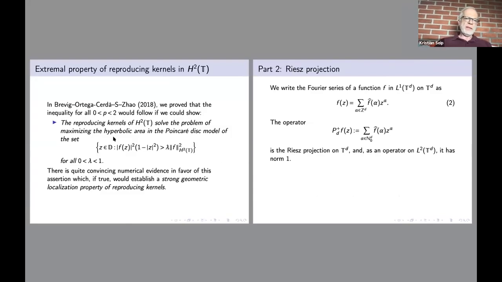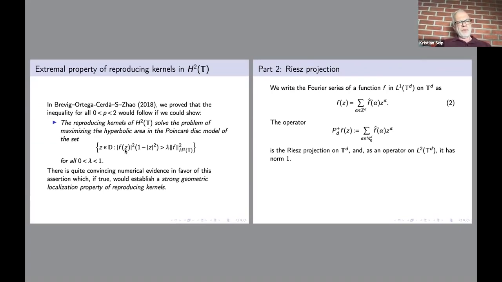What I did some years ago with this group of authors was to reformulate the problem, and we ended up with a problem which, from my point of view, is even more appealing, because it is a statement about reproducing kernels.